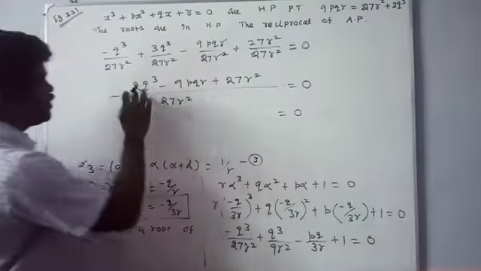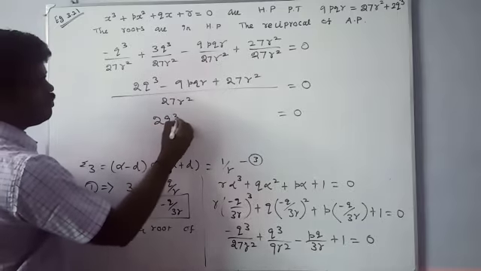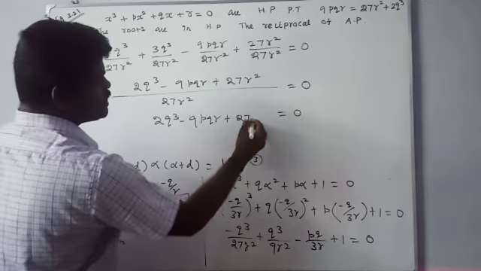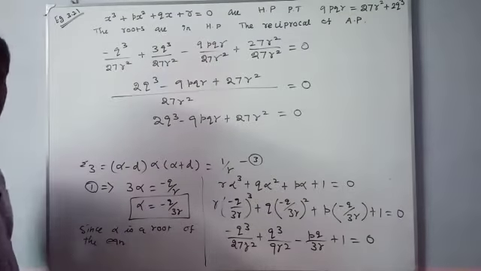Here totally 0. And here 2q cube minus 9pqr plus 27 r square is equal to 0.